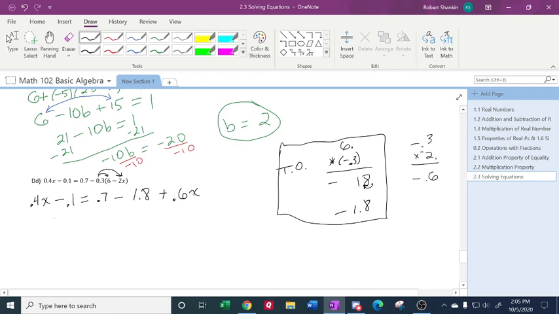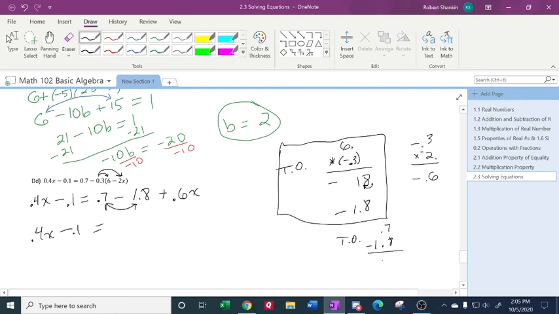Now, there's no like terms over here. On this side, are there any like terms that need to be added together? Yes, these two. And another timeout, if I am going to add these two together, 0.7 minus 1.8.